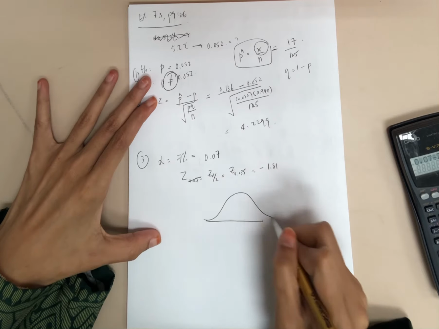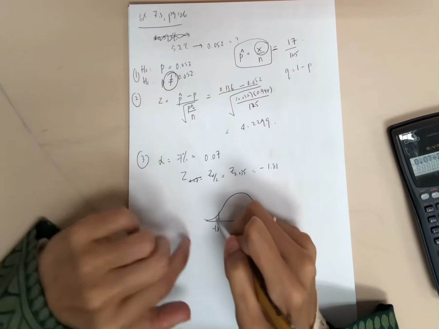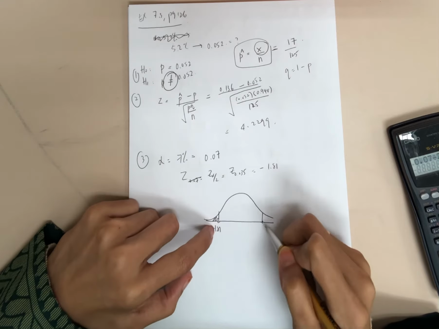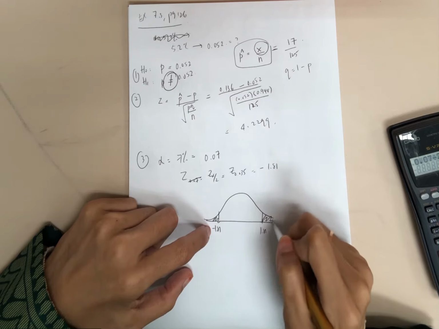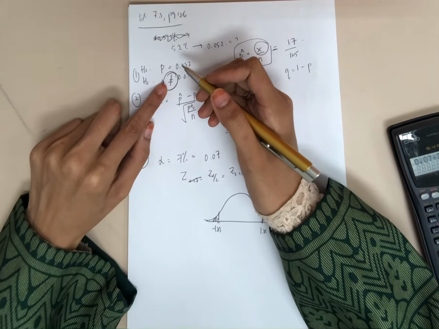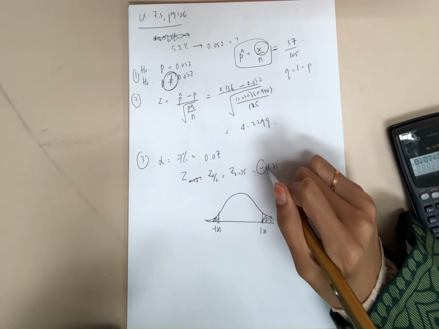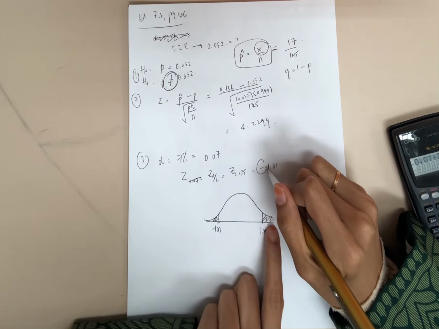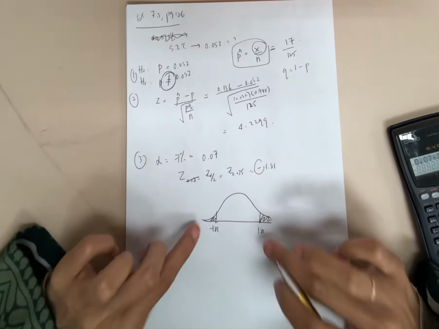Now you sketch this graph. 1.81 is somewhere here, and of course there is also one on the right side, the positive side, because it's two-sided. Using the table you get negative, but since it's two-sided, there must be one at the right hand side as well. So you have two rejection regions here.